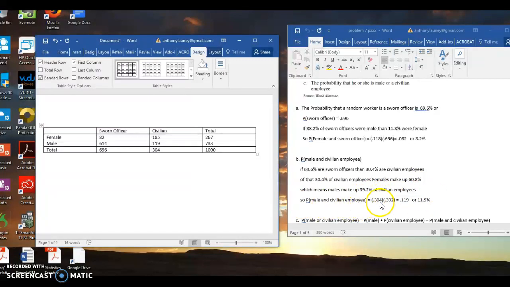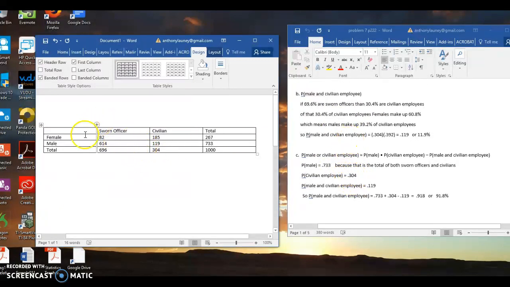And so you multiply the 0.304 times the 0.392 and you get 11.9%. But if I go over here, sure enough, I got 119 male civilian employees out of 1,000, and that also is 11.9%.